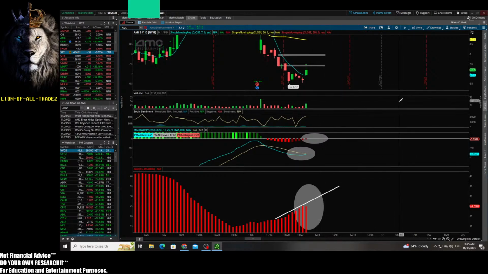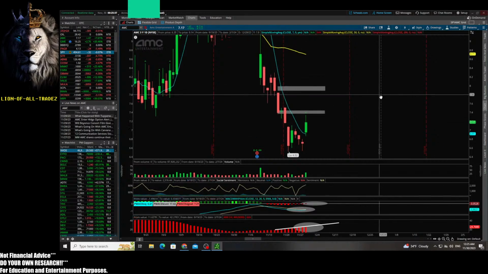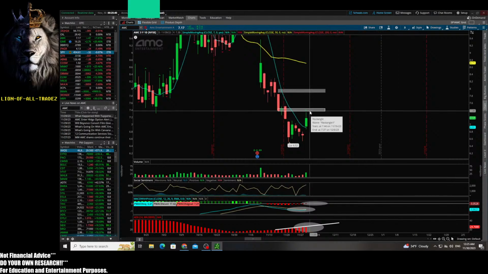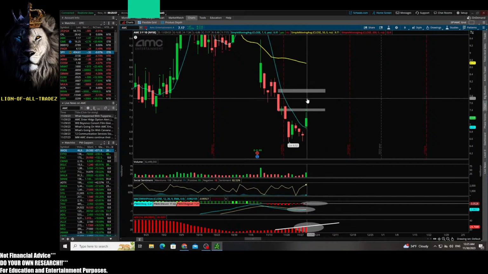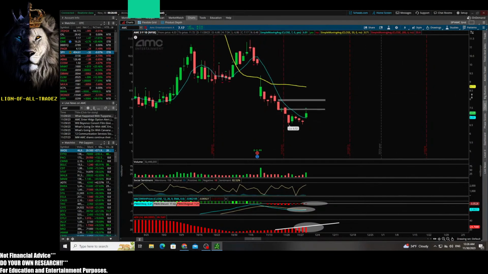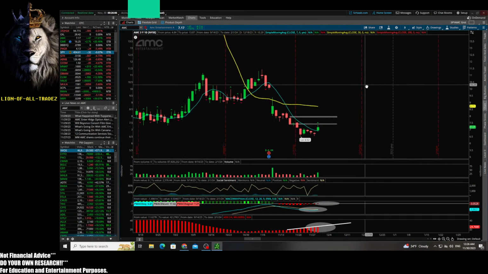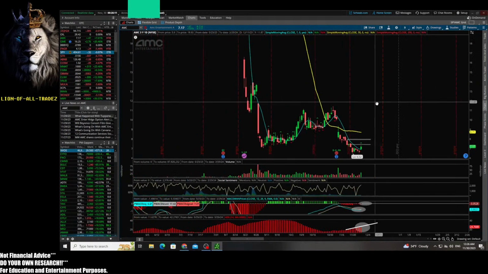And therefore signaling another move to the upside, perhaps maybe 7.38, 7.40 range. And if we break over that, we can probably hit 7.80, even $8, in my opinion here. This is actually looking pretty hot. I like this. Okay, I'm going to actually take note of this.